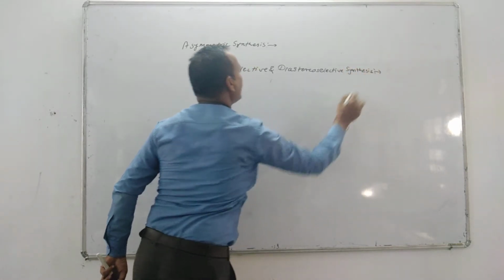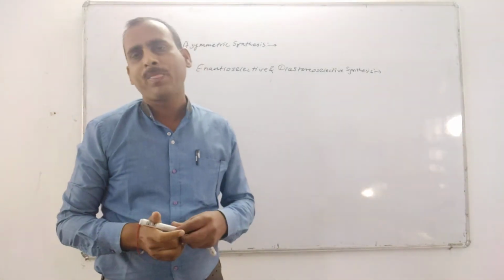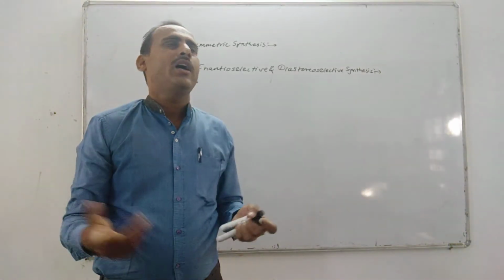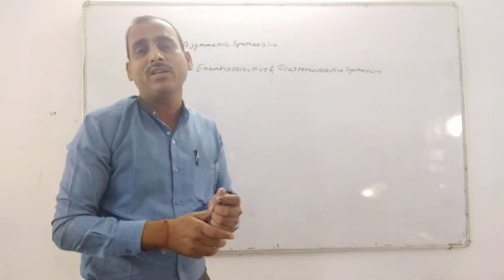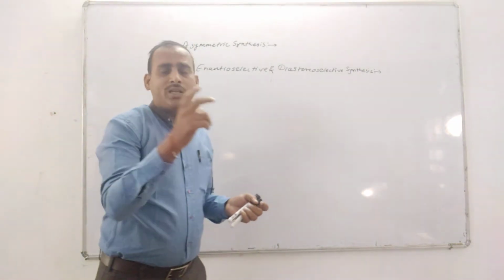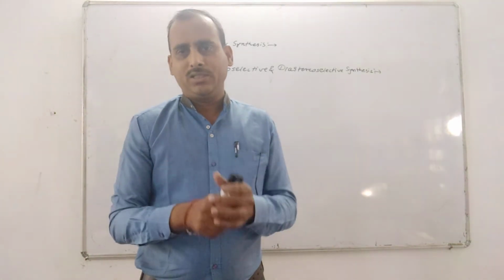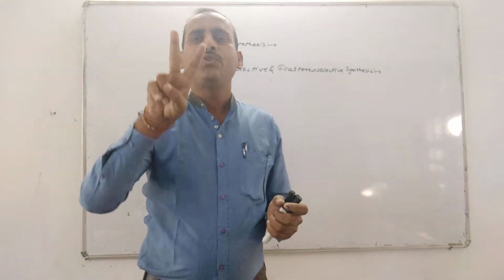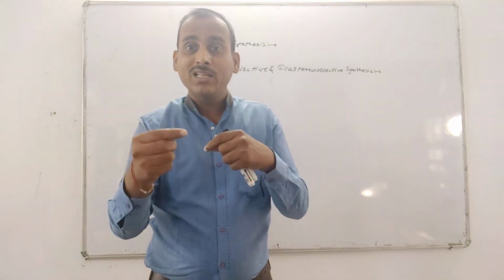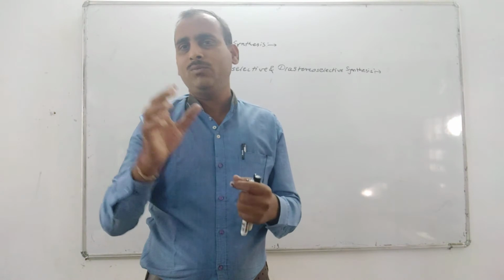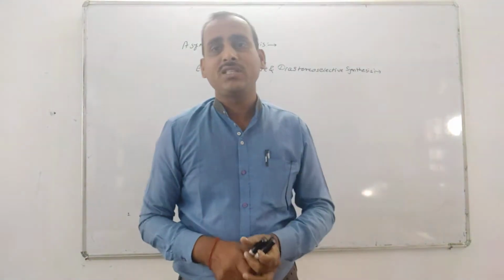Okay, so for studying this enantioselective and diastereoselective synthesis, we have first discussed the stereoselective reactions, that means asymmetric reactions. In the asymmetric reactions, if we get two products, one is major and one is minor, and if the compounds are optically active, then the reaction is said to be stereoselective.